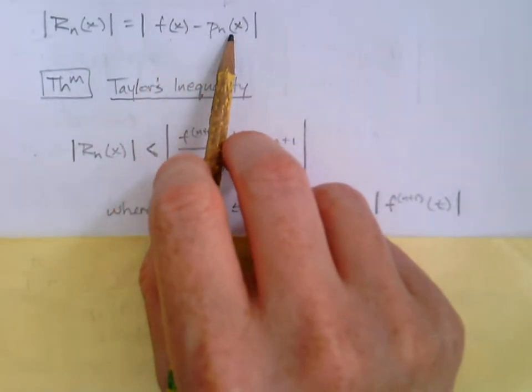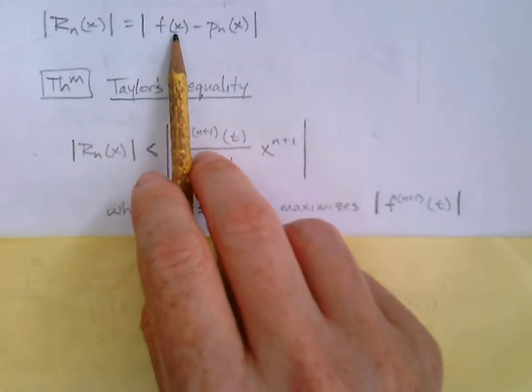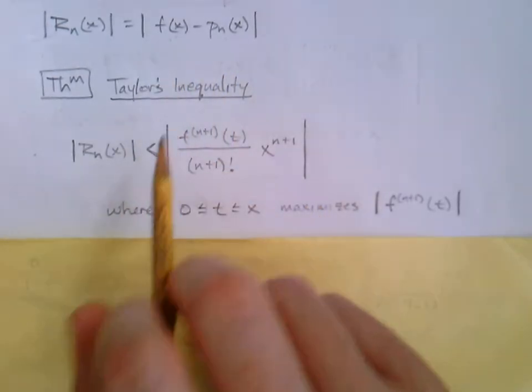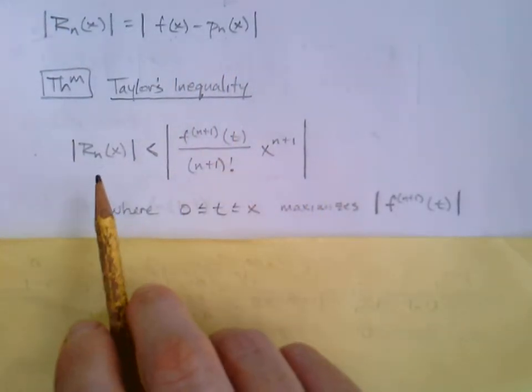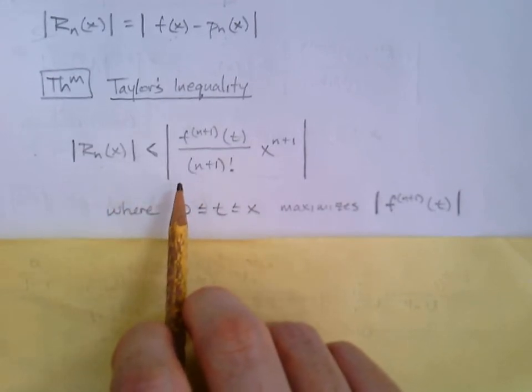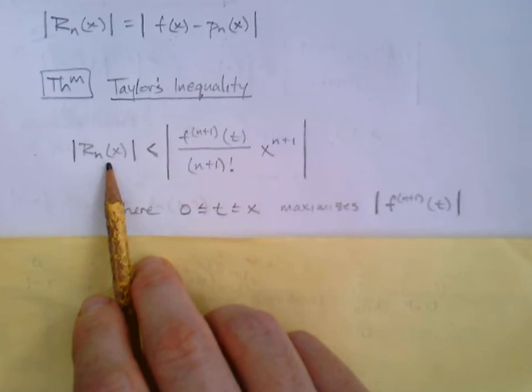We're approximating with this for a reason. So we don't know what the actual number is. If we knew what the actual number was, we wouldn't bother with the Taylor polynomial. We'd just use that. So we want to get a maximum estimate for the error. How far are we off, right?